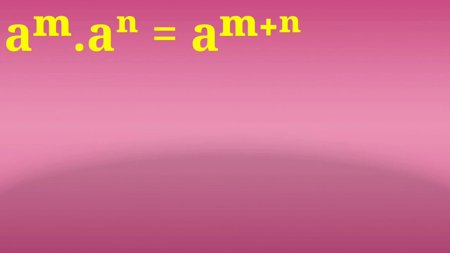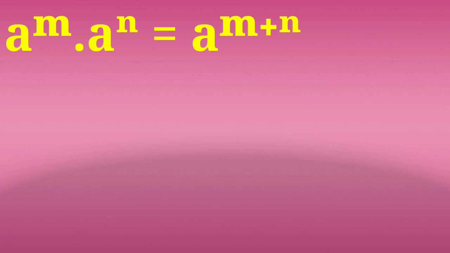Base is equal to a. But the powers are different, m and n. Then the answer will be a raised to m plus n. You have to add the powers. You can go through one example, then you will understand.